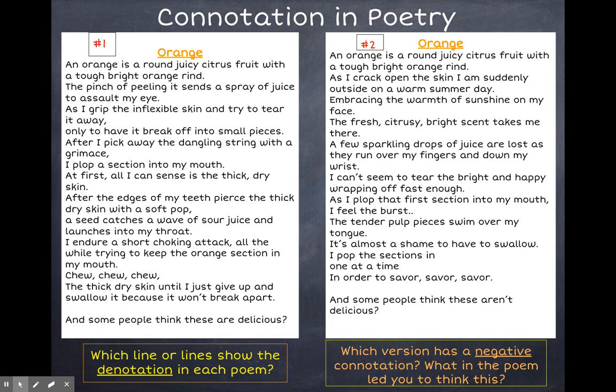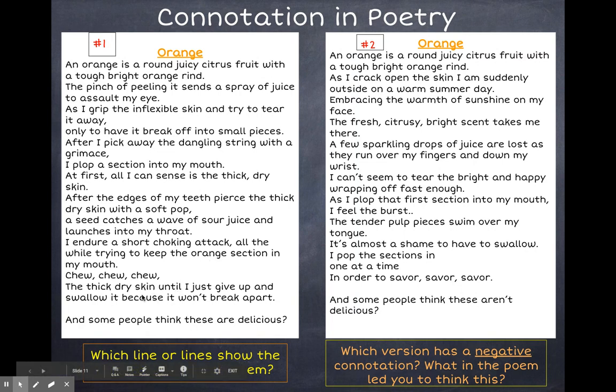All right, now there are several things that might have led you to figure this out. It gives more of a negative word choice with words like pinch, peeling it sends a spray of juice, assault, my eye, inflexible skin, dangling string with a grimace, thick, dry skin, after their teeth pierce the thick, dry skin, a seed catches a wave of sour juice, launches it into their throat, a choking attack, and so on.